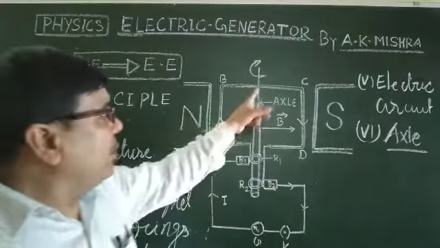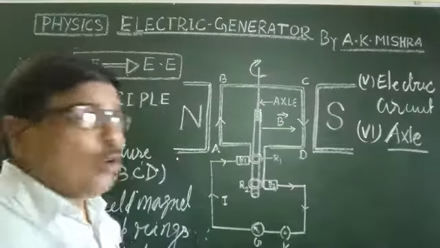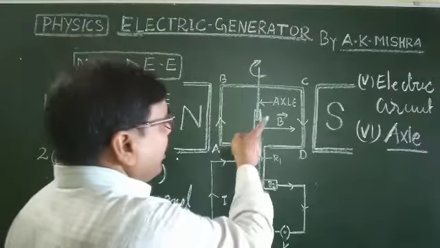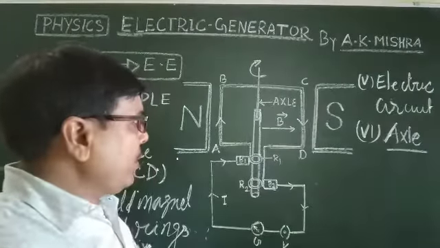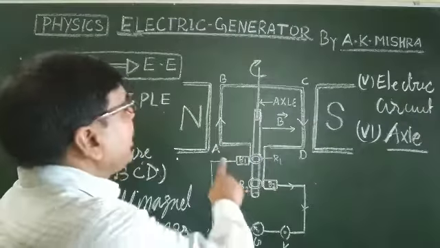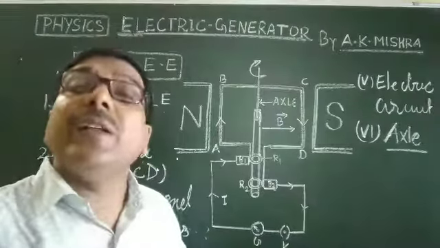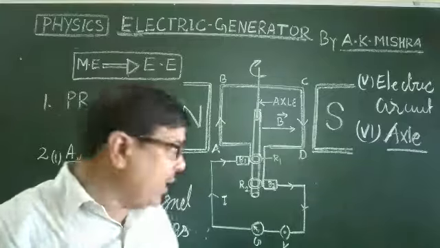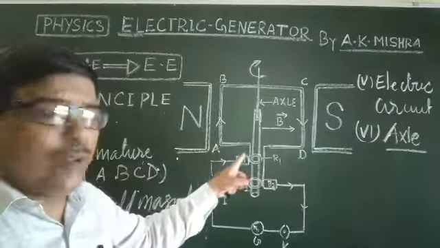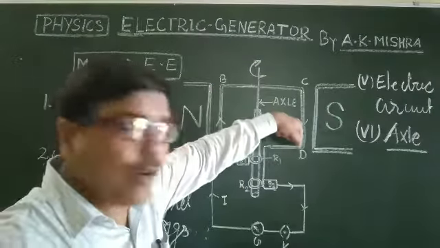Hence, when the rectangular coil is rotated clockwise, then AB moves up, CD moves down, and induced current is produced along AB and along CD.